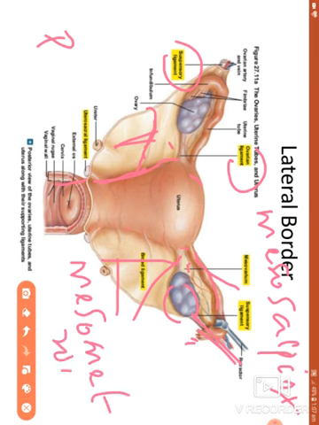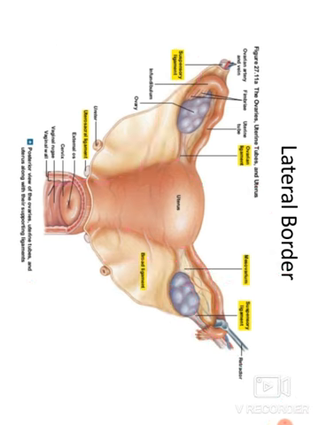The ovary lies over the broad ligament, and that region is called the mesoovarium. These are the subtypes of the broad ligament.